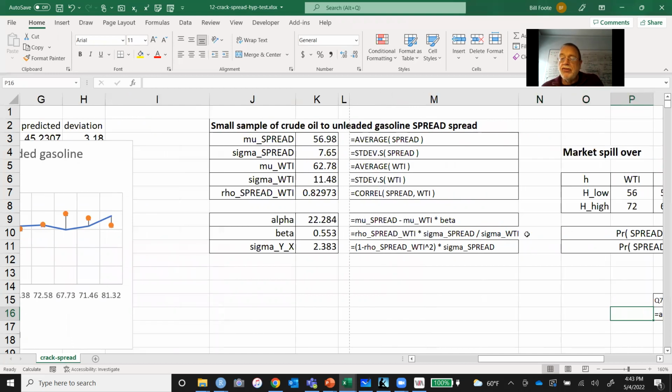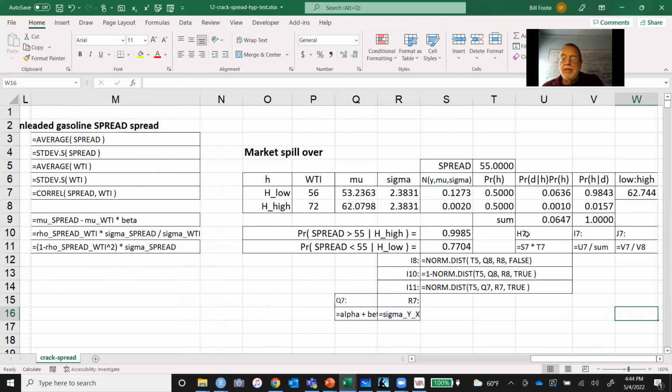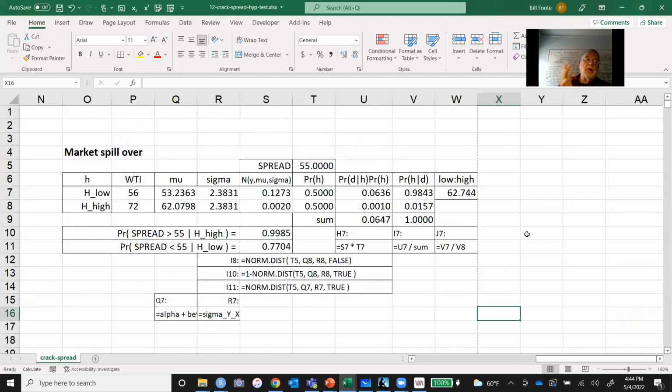And what we're going to finish up with here is this. Market spillover. So we're going to say, suppose we go out and we observe a spread of $58 per barrel. Okay. And now we put it into our mix master here.